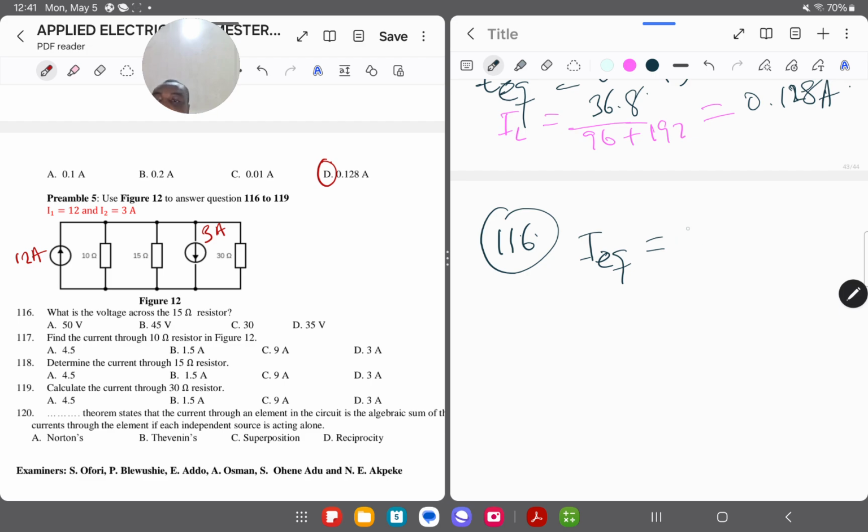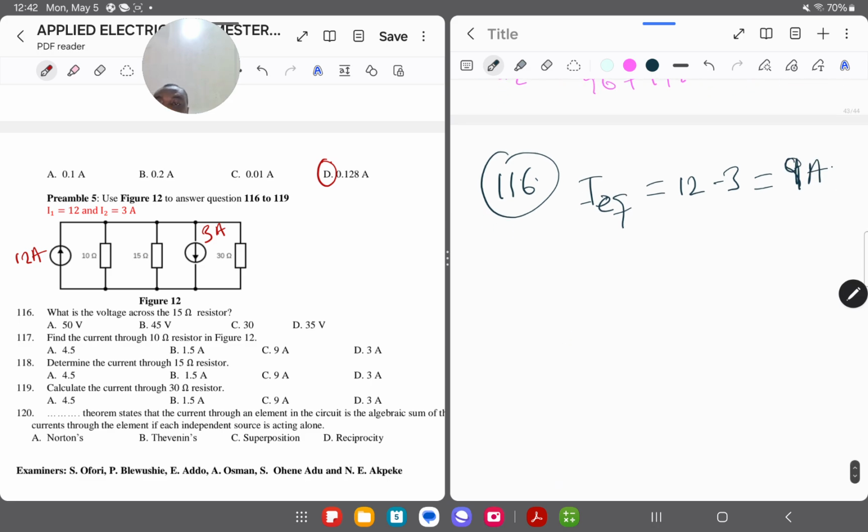So I get 12, which is moving up, so that is positive. 3 is moving down, so that is minus 3. So I get 9 amps. Now I can sketch a new circuit diagram whereby I have the equivalent current, meaning 9 amps here.